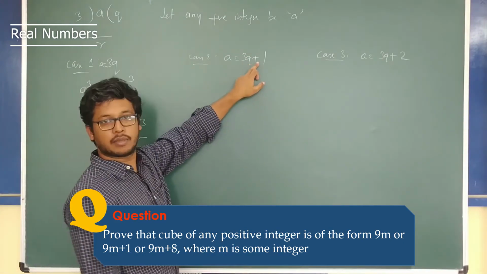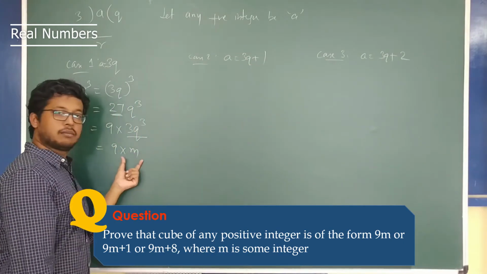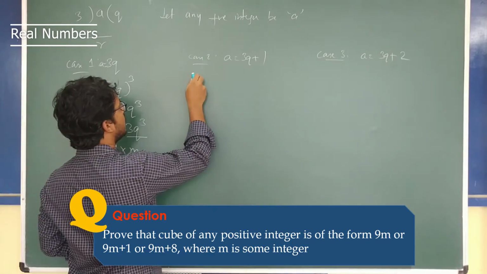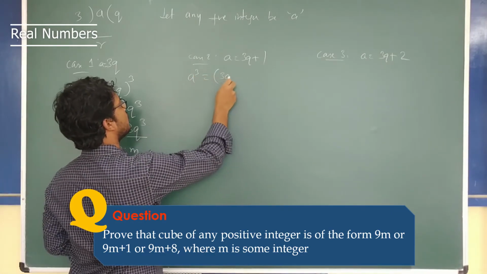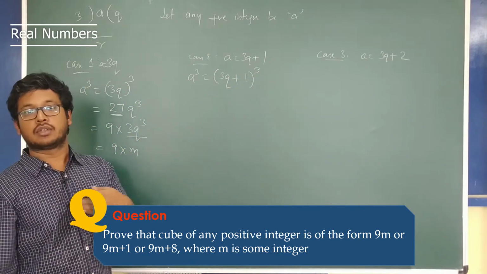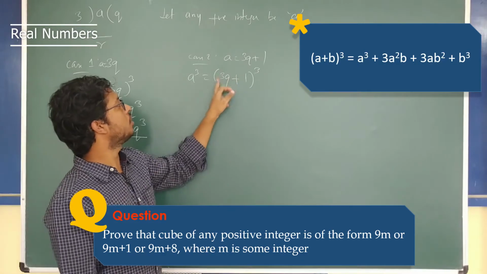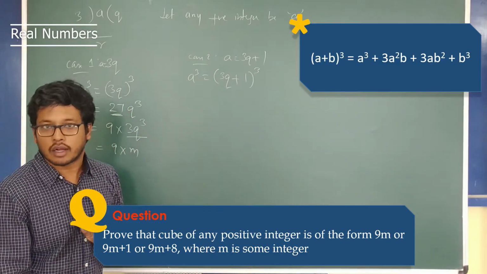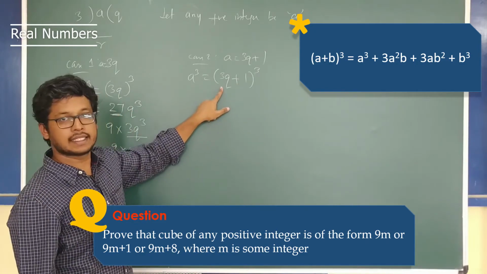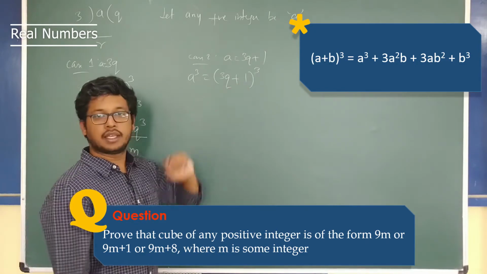Okay, so let's see this one. If I cube this number, will I get it in the required form or not? Okay, let's check this one. When I take a cube, this is in the form 3q plus 1 whole cube. So it is a plus b whole cube. Please don't jump ahead and write it as 3q whole cube plus 1 cube, that will be wrong. That is a usual mistake. So this is in the form a plus b whole cube, where a is 3q and b is 1.